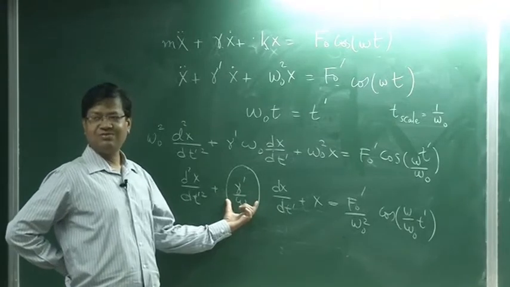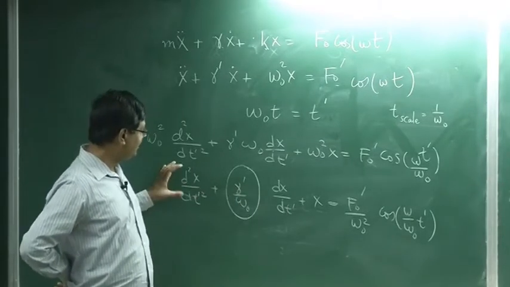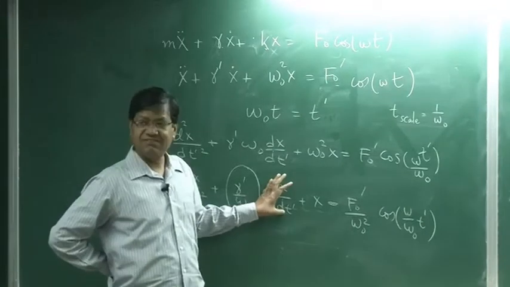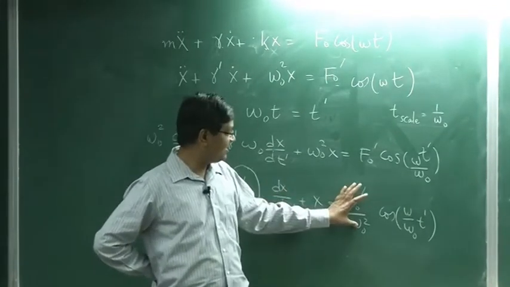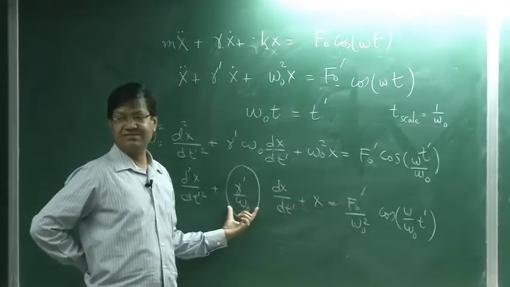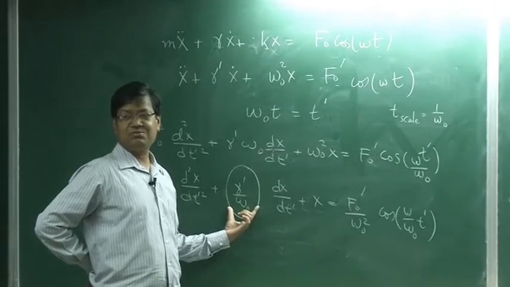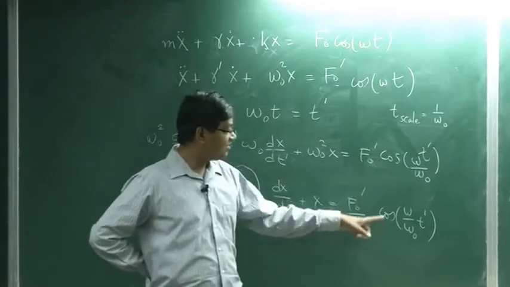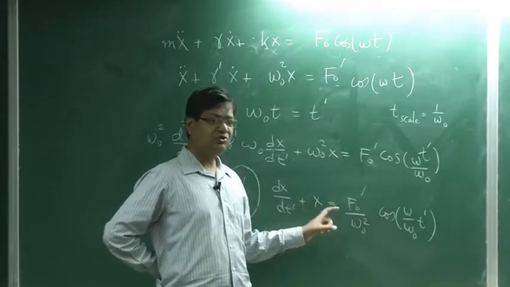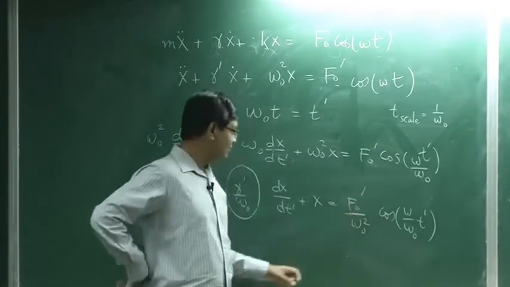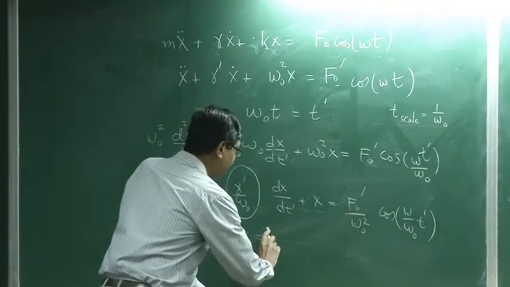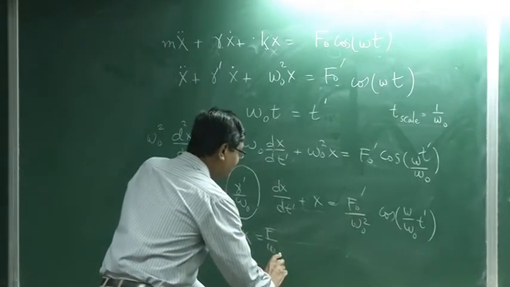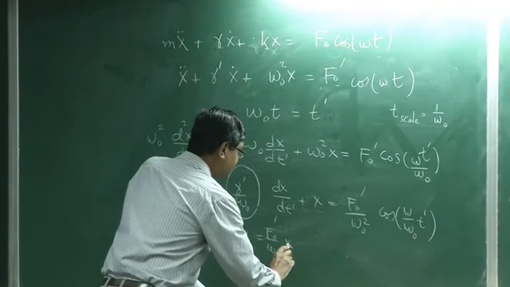This is the dimension of length, this is the dimension of length, this is the dimension of length, and this is dimensionless. It has no dimension. So I should take this as the dimension of length. So I should say x equals f by omega naught, f prime, x prime.